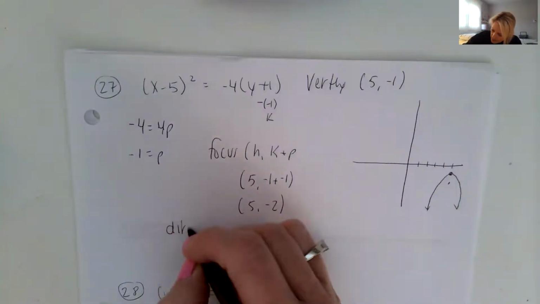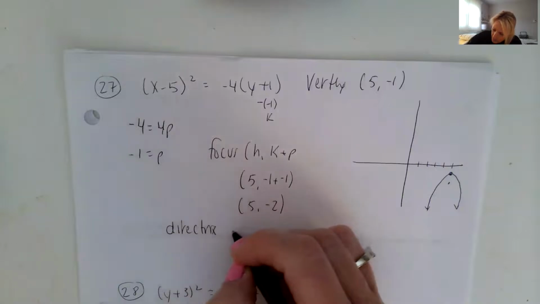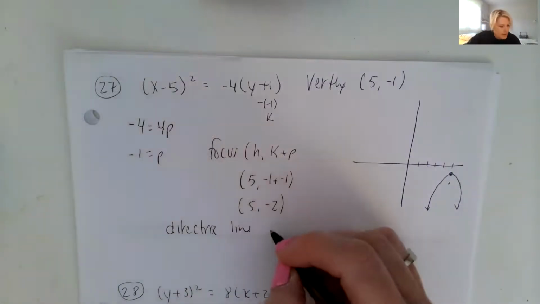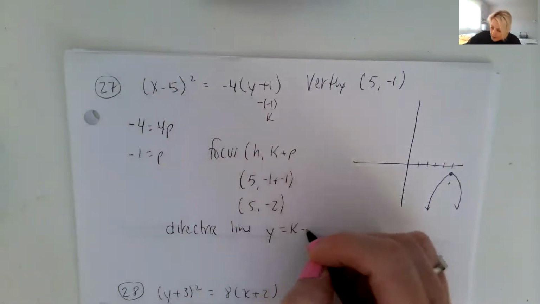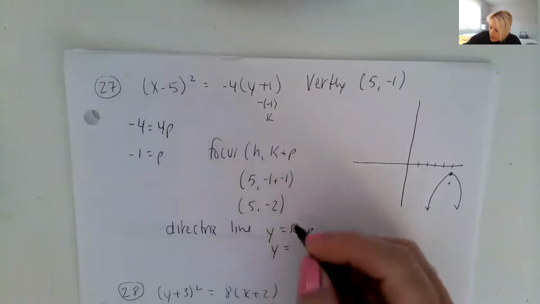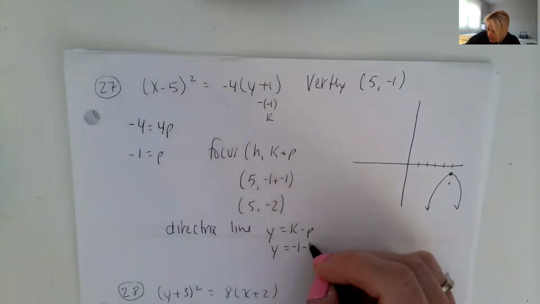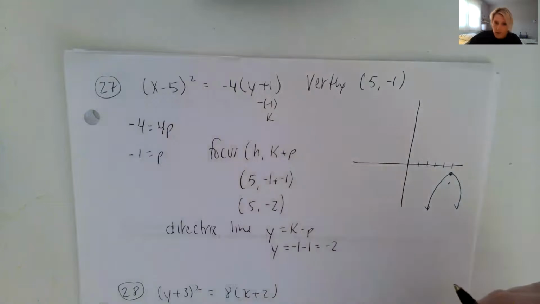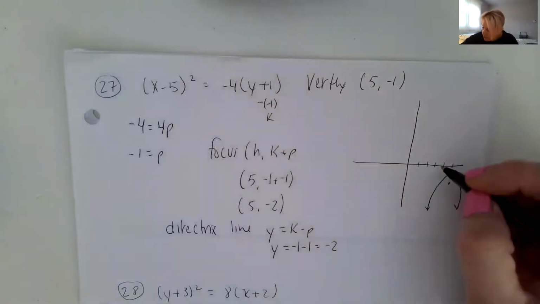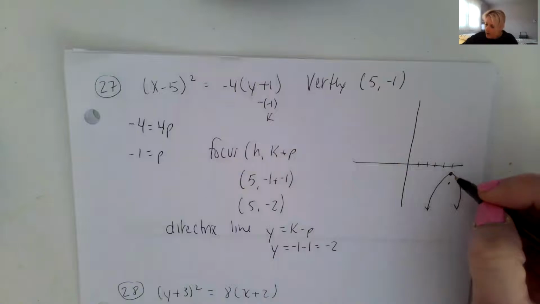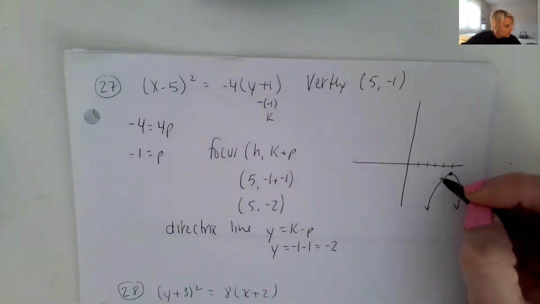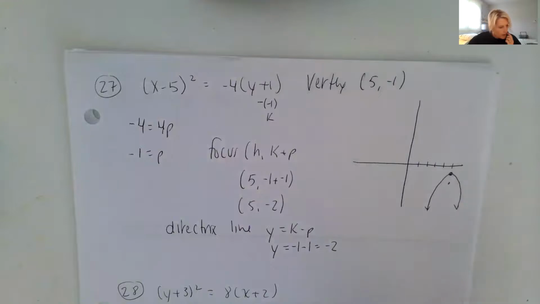And then our directrix is the line at y equals k minus p. So y equals k is -1 and p is -1. So -2. So it's at y equals, oh, I think I was supposed to add.